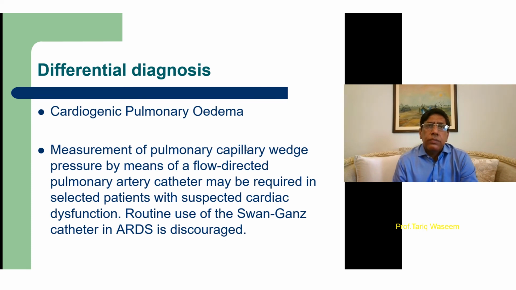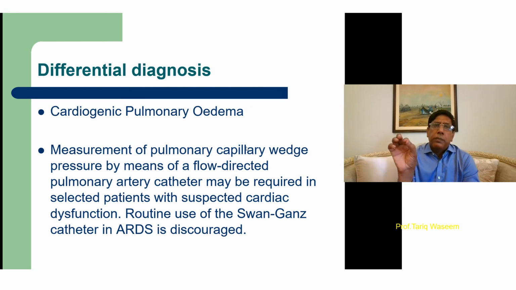If you remember, the mainstay in cardiogenic pulmonary edema is the pulmonary venous pressure getting high, or left atrial back pressure getting high. So this can be measured. If you put in a catheter from the inferior or superior vena cava into the right ventricle, and from the right ventricle progress it forward into the pulmonary artery and keep it at the most distal part of the pulmonary artery, this is called the pulmonary artery capillary wedge.